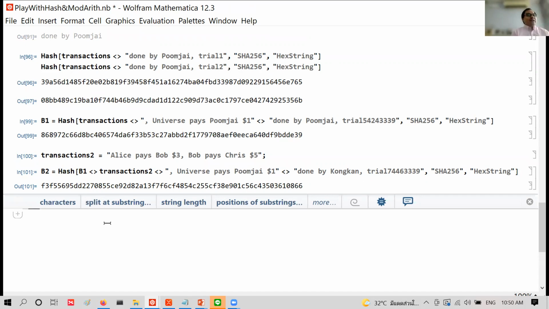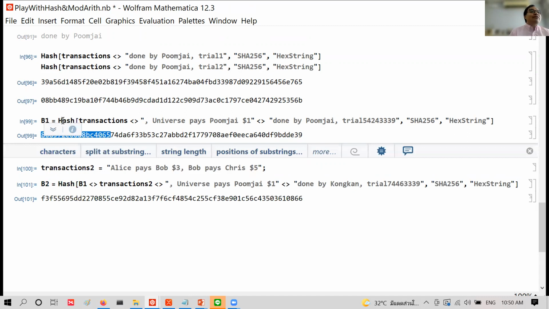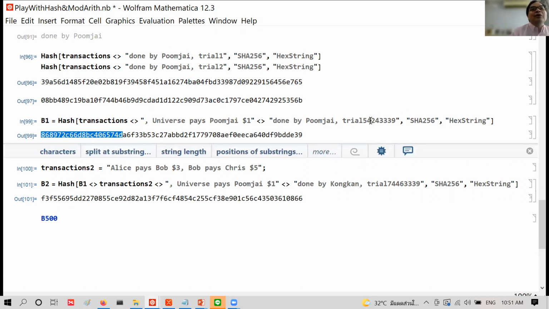What makes it difficult is that it's already difficult to be the first guy who gets all the zeros. If you're going to fake that 1, you have to come up with another hash that has all the 0s. But that is contained in here. So if you're going to fake number 2, you have to fake number 1 and number 2. So you can imagine that once you get to something like block 500, to fake this 500, you have to get all these zeros, not just once, which is already a million calculations, but you have to do that 500 times.